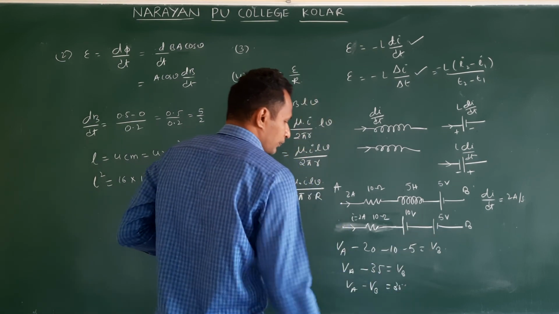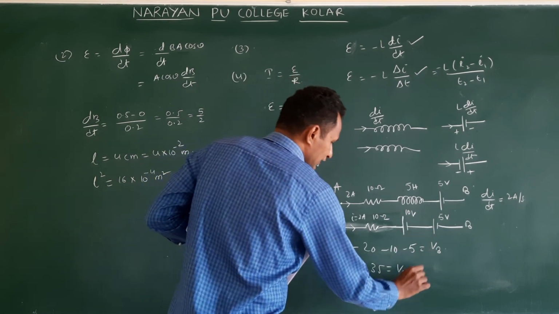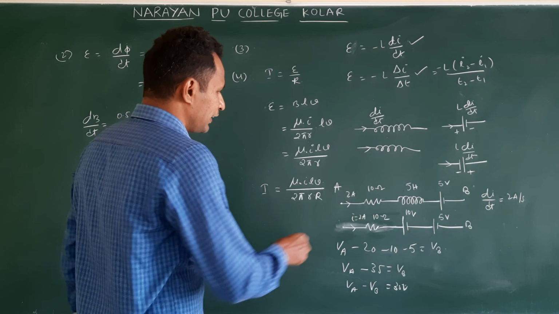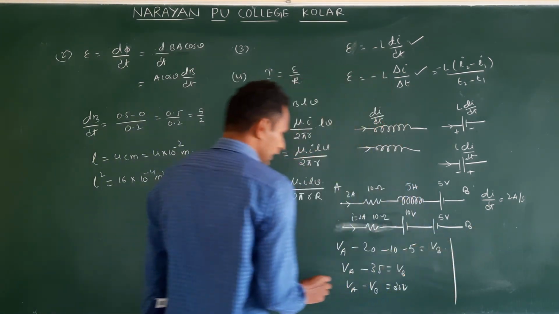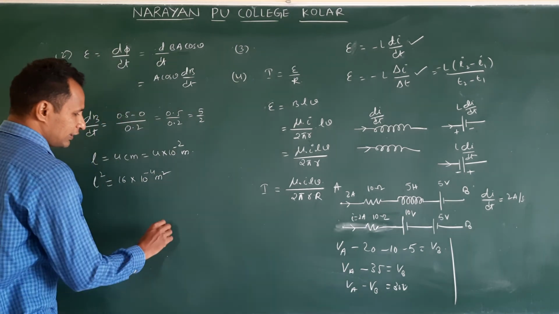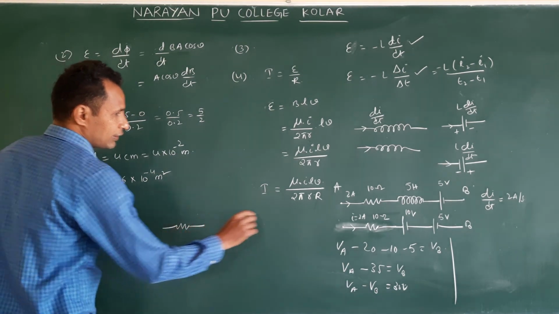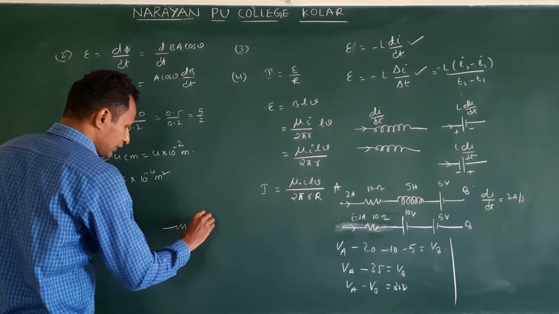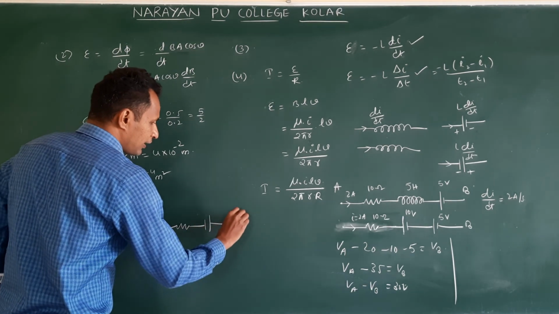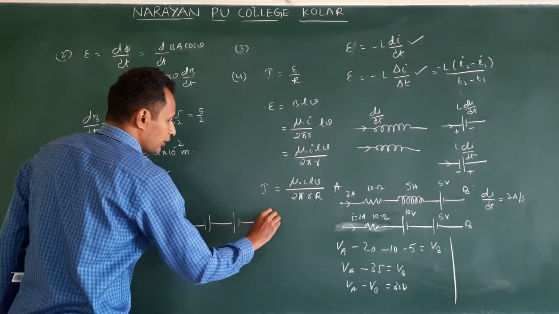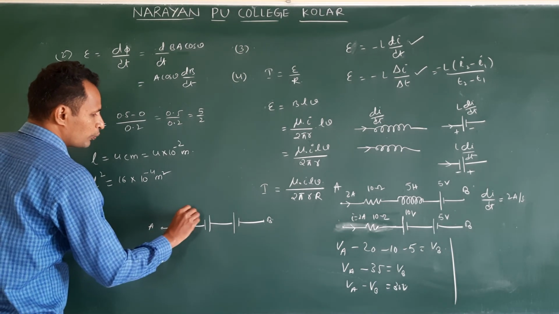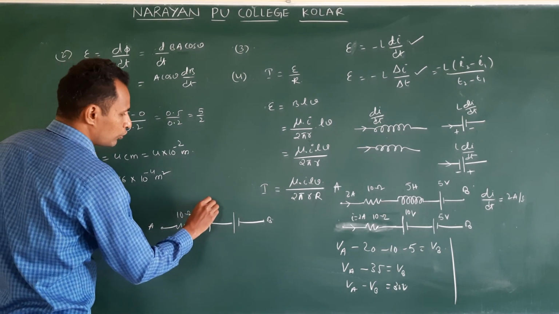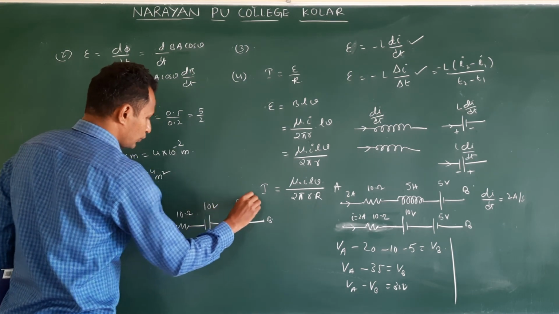Like this. If it decreases, then what will happen? This is for increase. If it decreases, then what will happen? The circuit will be as before. If the current decreases, then the polarity changes. The battery has this, and this is B, and this is A. This is 10 ohm. This is 10 volt, and this is 5 volt.